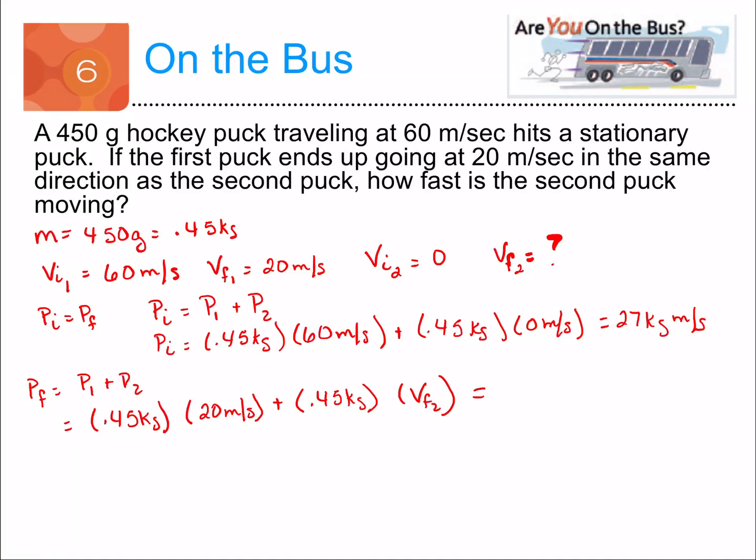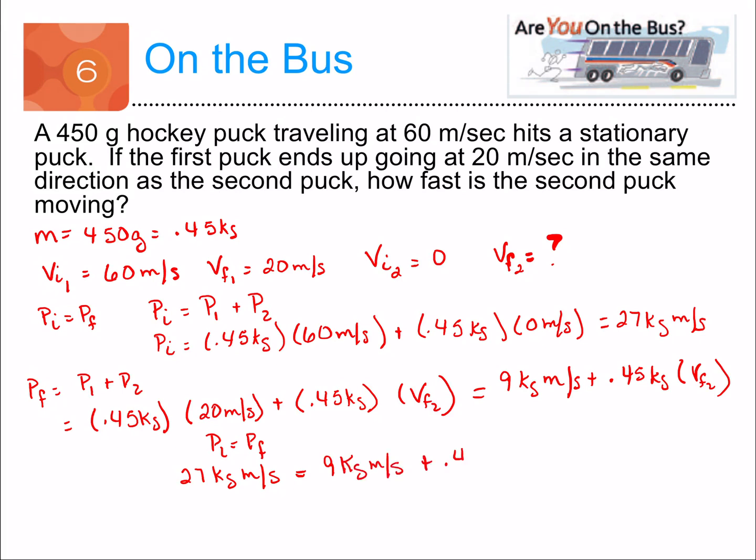That is going to give us 9 kilogram meters per second plus 0.45 kilograms times VF2. Now we know initial must equal final, so our initial momentum of 27 kilogram meters per second must equal 9 kilogram meters per second plus 0.45 kilograms times VF2. We solve that for VF2 and we get the final velocity of our second puck is 40 meters per second.